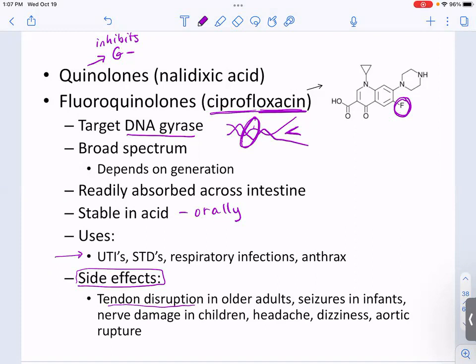It has also, rarely, caused seizures in infants, possibility of nerve damage, some neurological effects. So that's not good. Aortic rupture, obviously, that's bad. So again, we reserve this for when other things haven't worked typically.